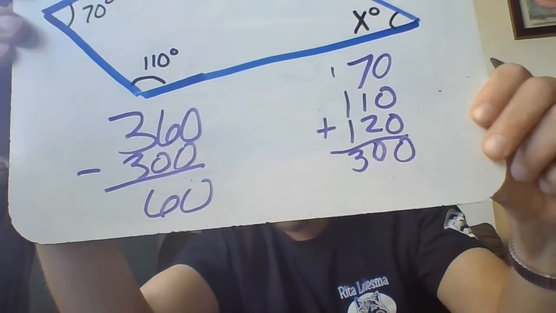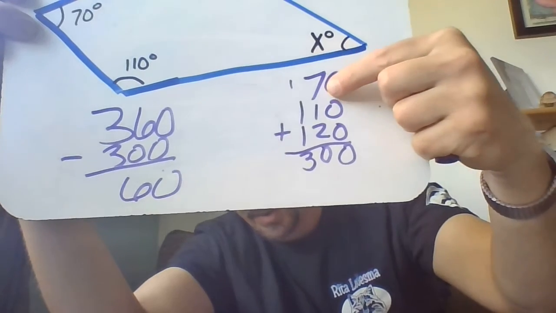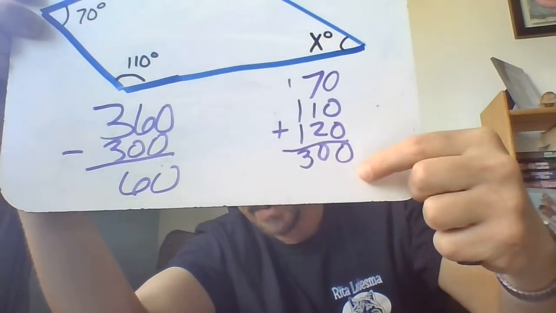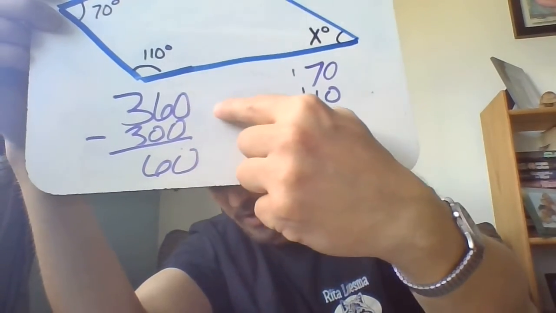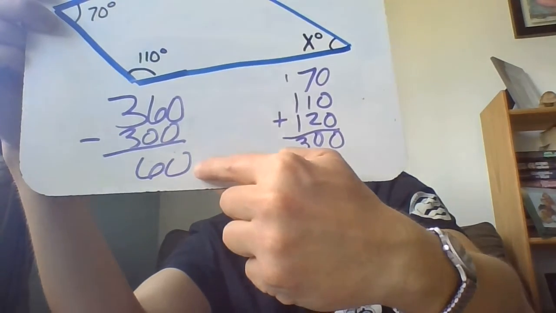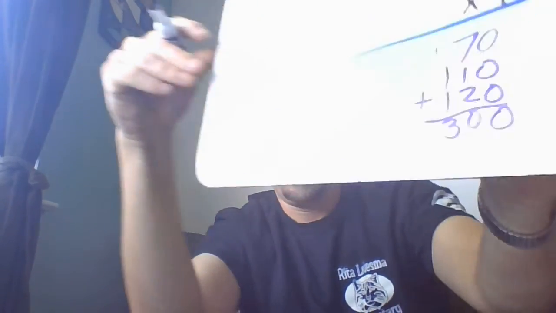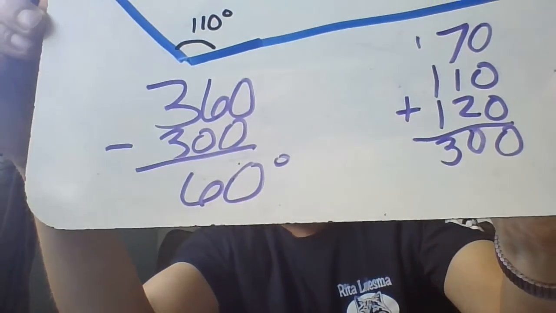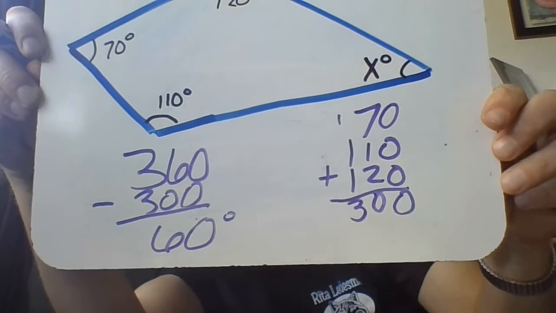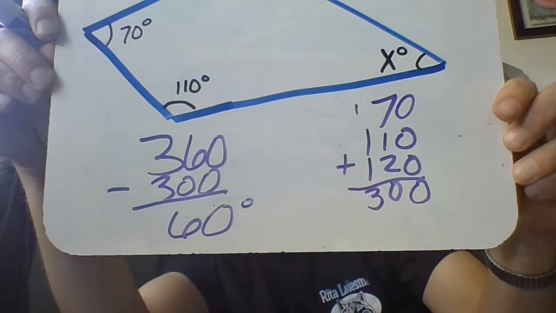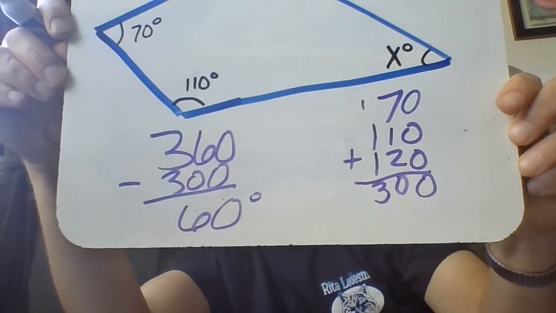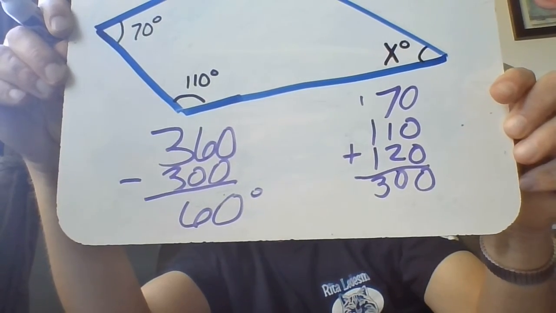Take a look at what I did there. We added up all those angles, 70, 110, and 120, and we got 300. Then we subtracted that 300 from 360, and we got 60 degrees for our last missing angle in our quadrilateral. So x will equal 60 degrees on this particular quadrilateral.